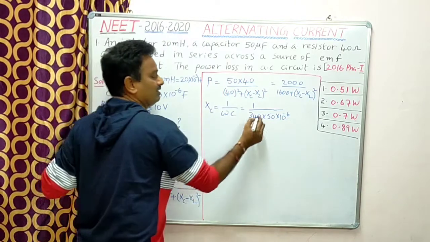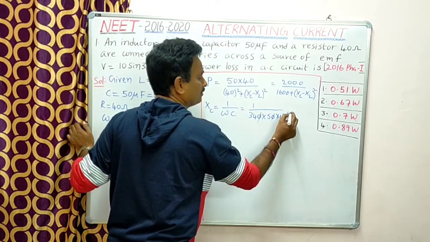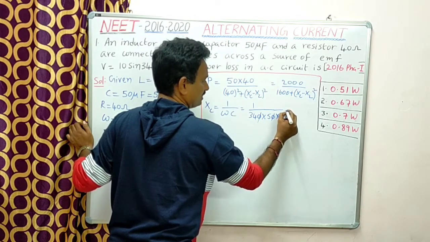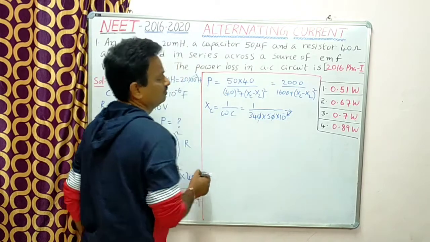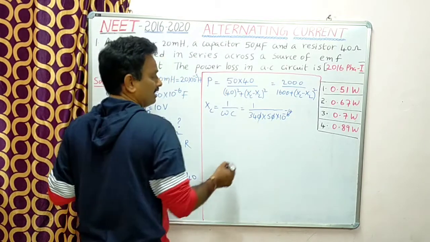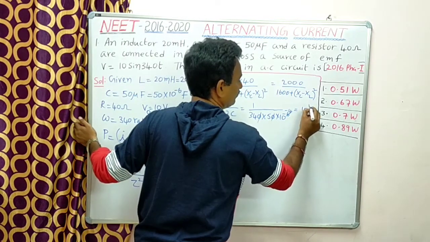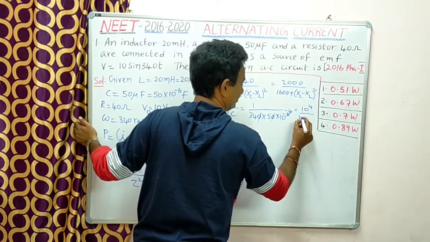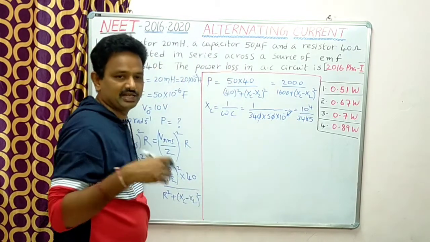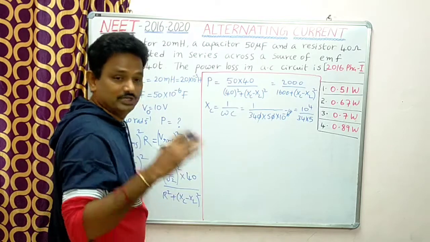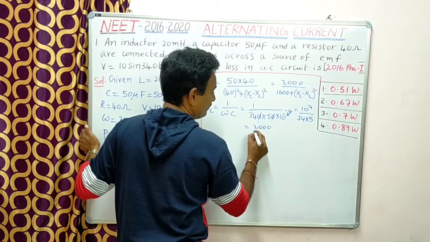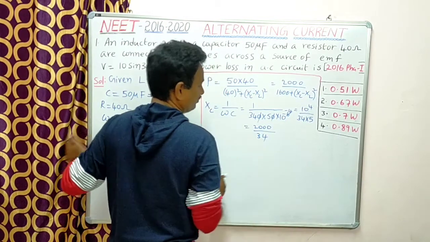Here I will cancel this 0, and 10 power minus 6 means I will get minus 4. If I move 10 power minus 4 to the numerator, I will get 10 power 4 by 34 into 5. 10 power 4 means 10,000. 10,000 by 5 means 2,000. So I will get 2,000 by 34.